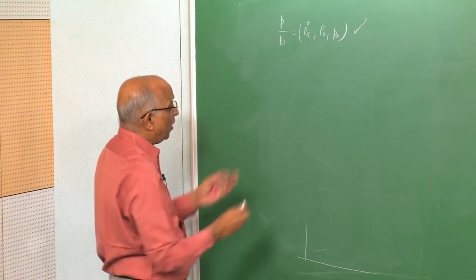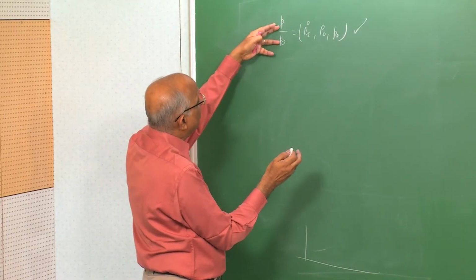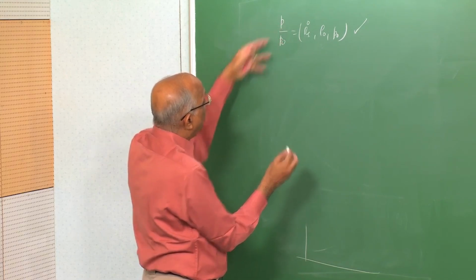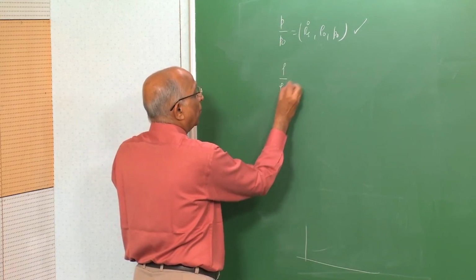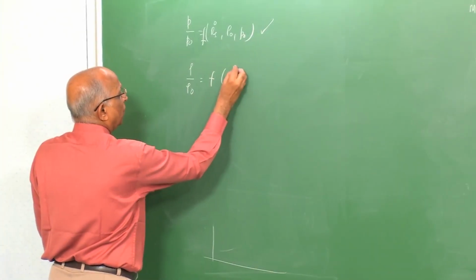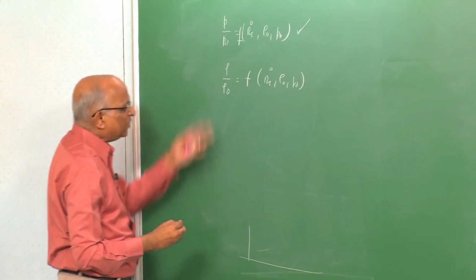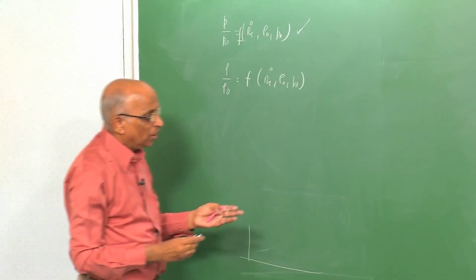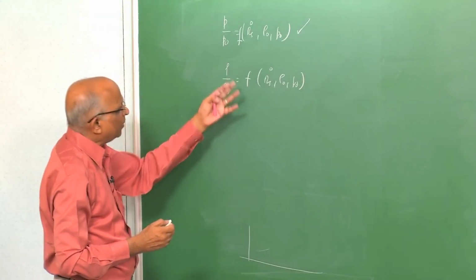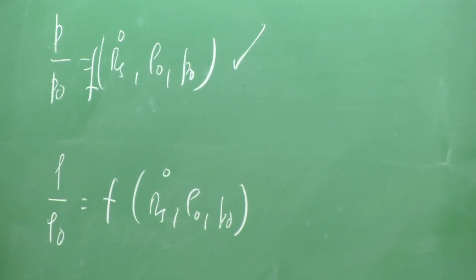From the shock-Hugoniot and the Rayleigh line, I am able to get P by P0, and I am also able to get rho by rho 0 as a function of, let us say, Rs dot, rho 0 and P0. This I am able to get graphically using the shock-Hugoniot and the Rayleigh line. Let us try to solve for it explicitly, to get an expression for this.